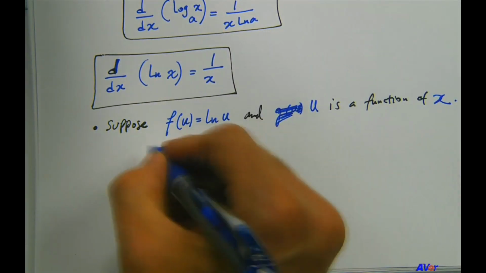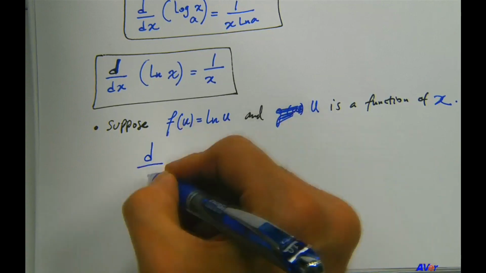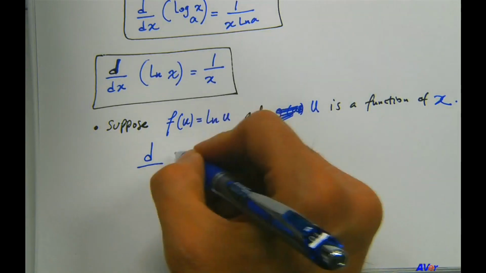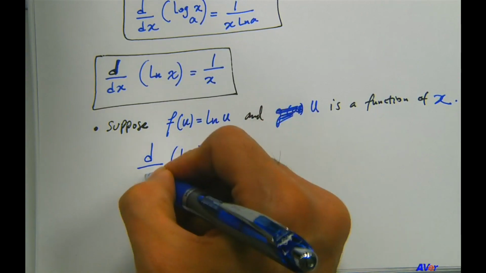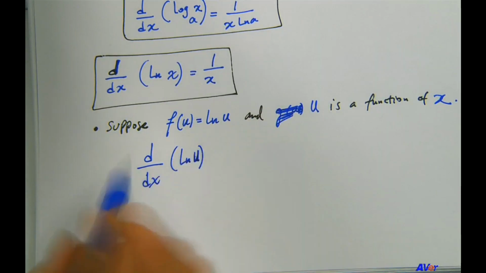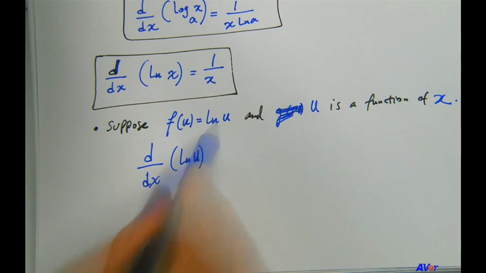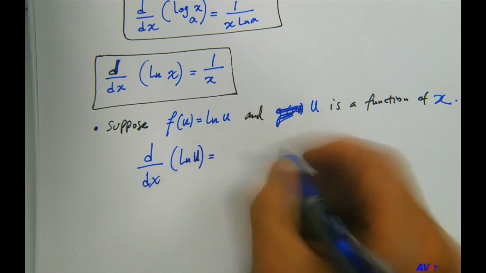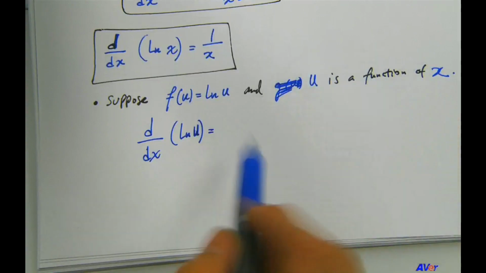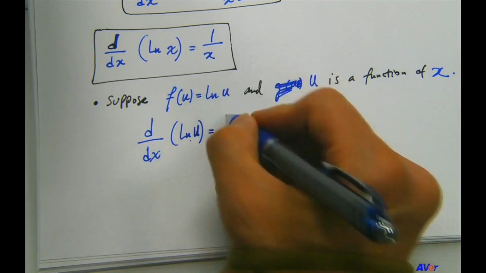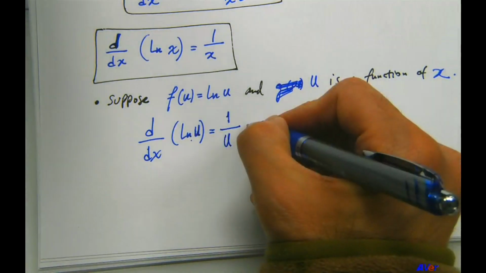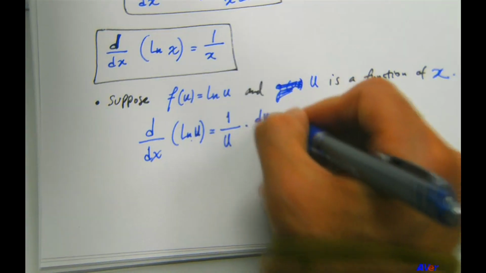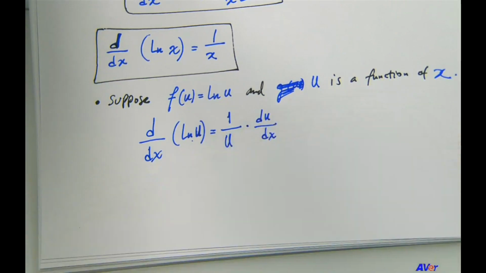Therefore, the derivative of natural log of u with respect to x would be equal to 1 over u, 1 over this u, times du dx, by the chain rule.